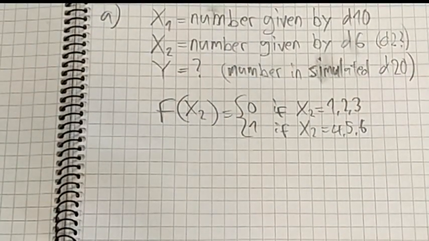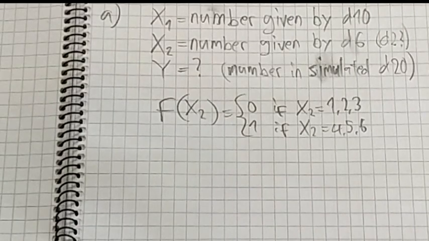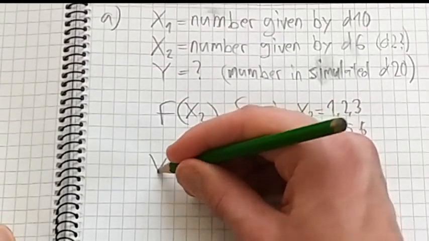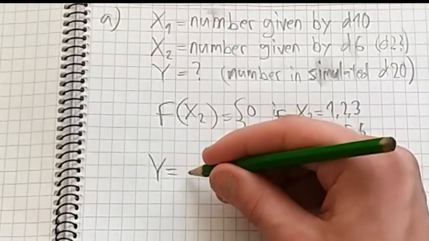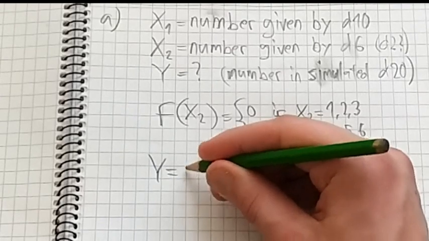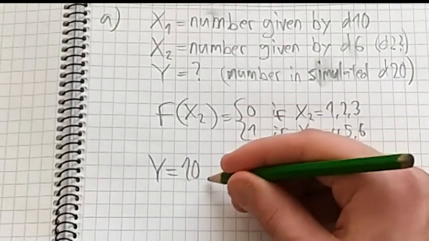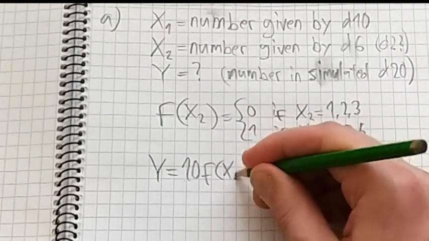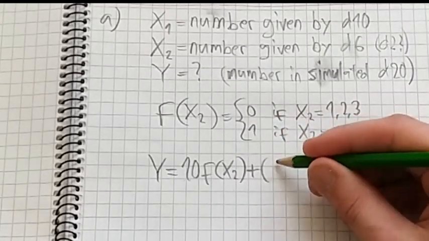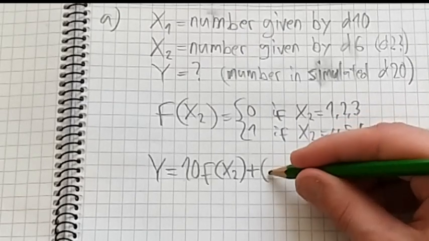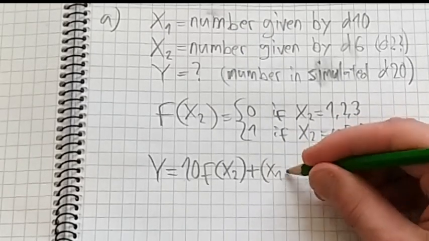And now with the previous division algorithm trick, we can write a uniformly random number between 1 and 20 by 10 times f of x2, where f of x2 is a random number between 0 and 1, plus x1 minus 1.